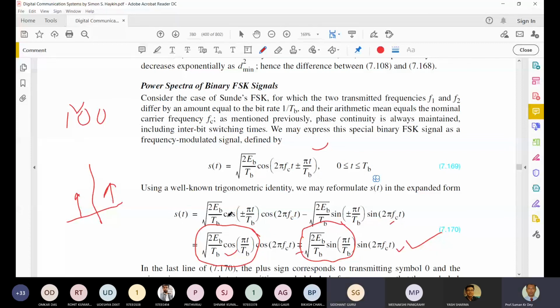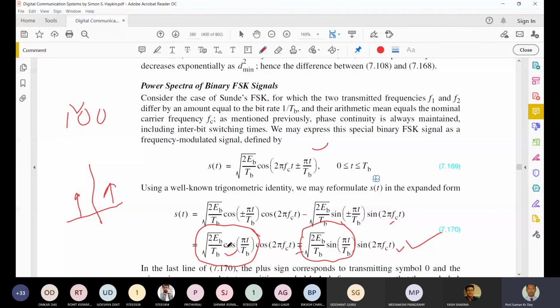Okay, so that means for the in-phase component, that is what we get when we calculate the power spectrum density. If you recall the definition, the power spectrum density is the integration of the Fourier transform of that term over a time period, TB, the bit duration. So there are two delta functions, and from there we can find where the delta functions will be.